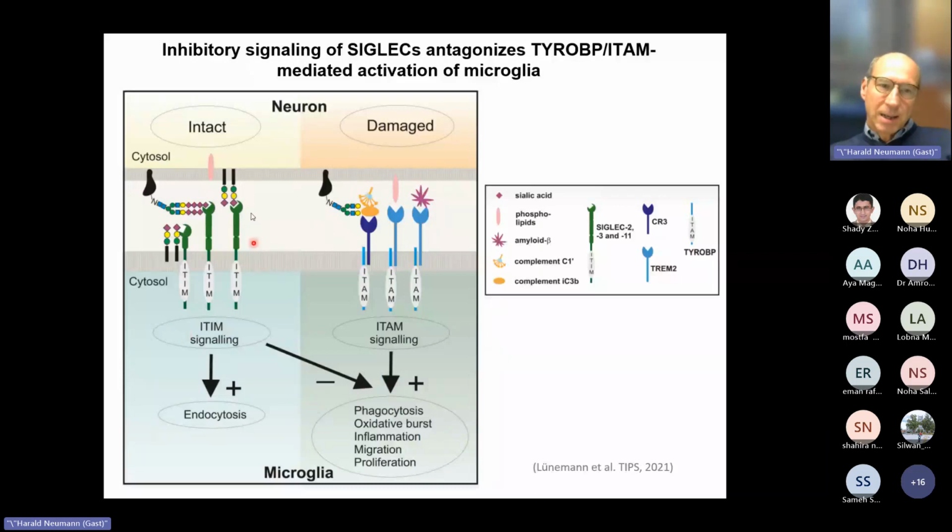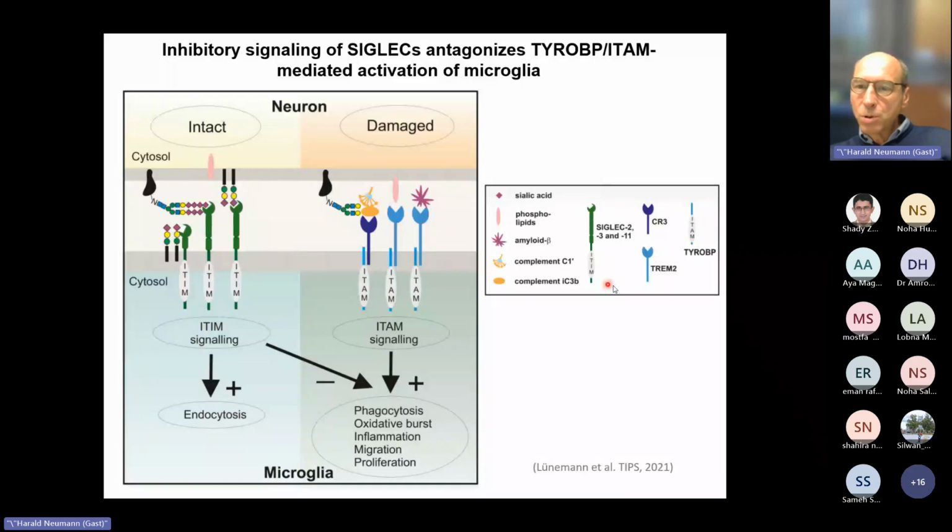So here is again the intact situation where we have this inhibitory signaling. Inhibitory signaling normally is not doing any harm. It's just there, but it becomes important if you have an activatory signaling. So it's a counterbalancing system, this inhibitory signaling. The activatory signaling is also well known.